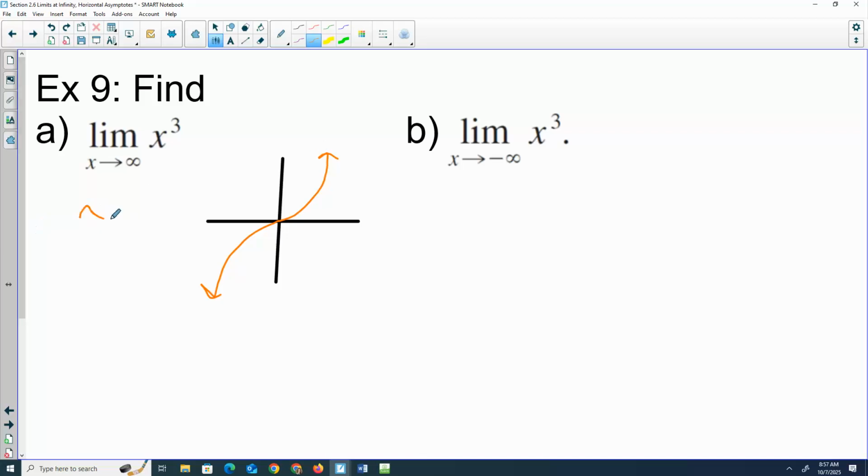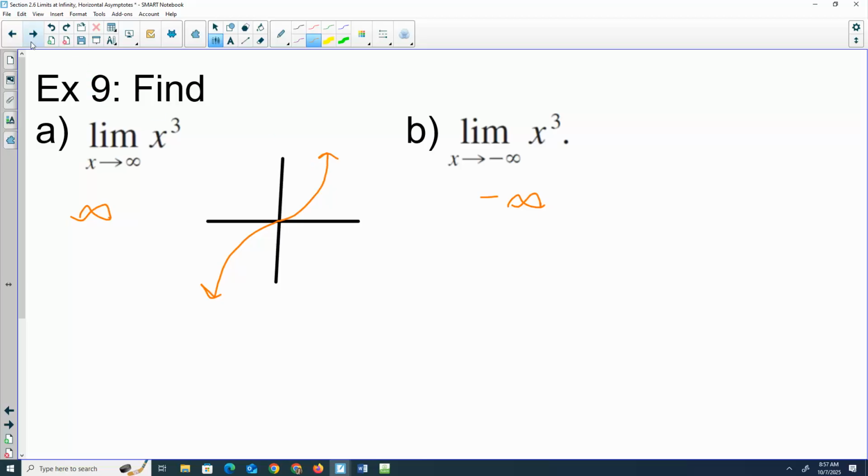Infinity. What about as x goes to negative infinity? Now, are those asymptotes? No. I was approaching infinity and I got infinity for an answer. So these are just graphs that continue to increase or decrease as time goes on.